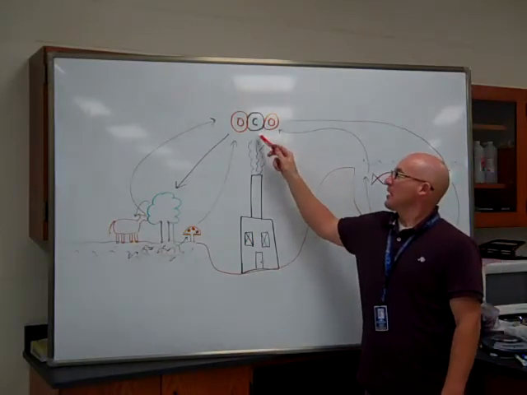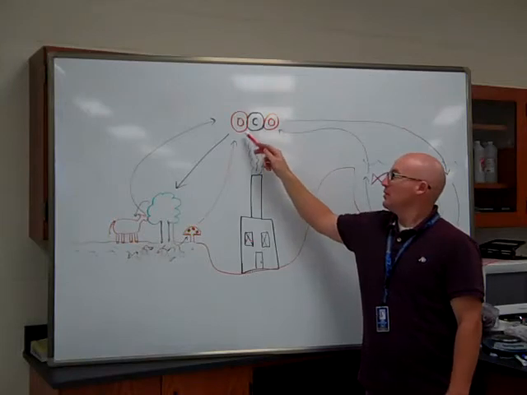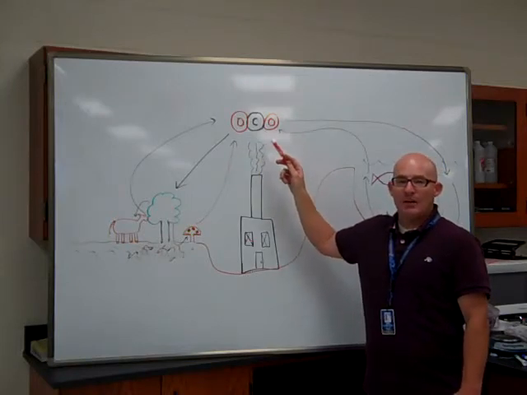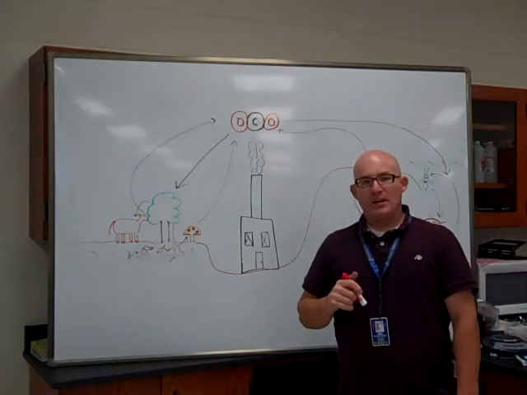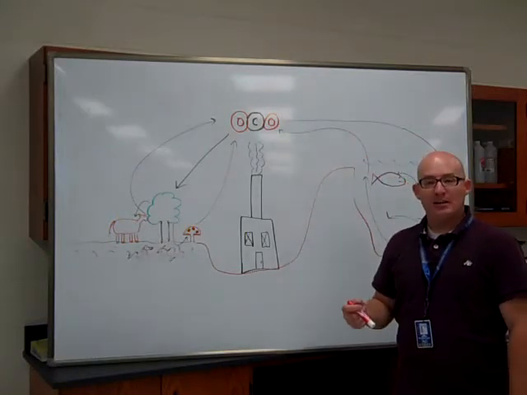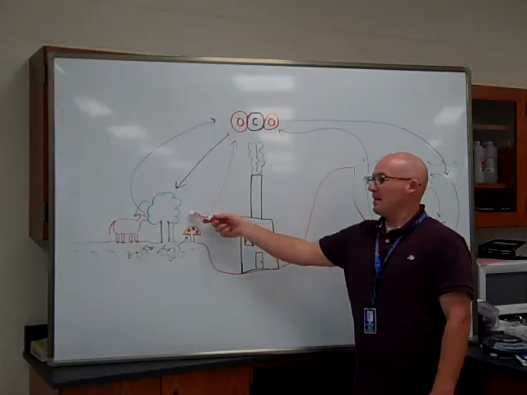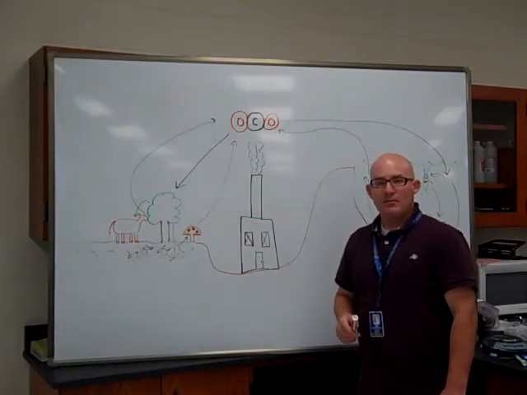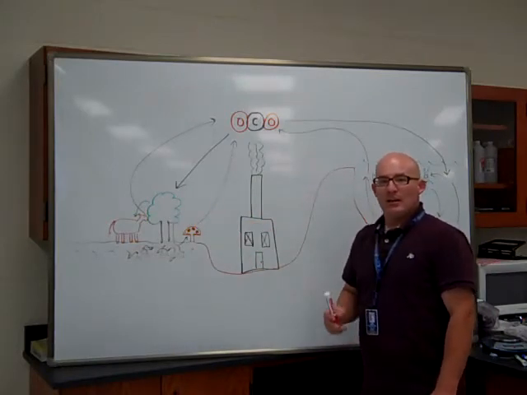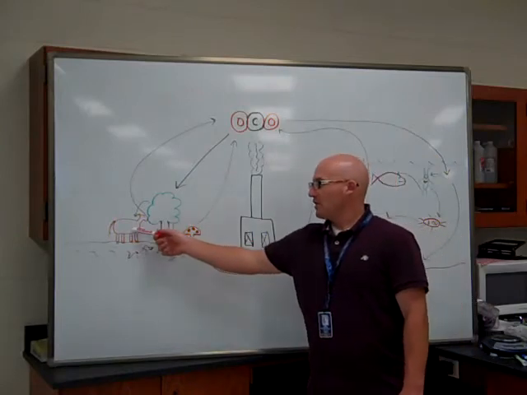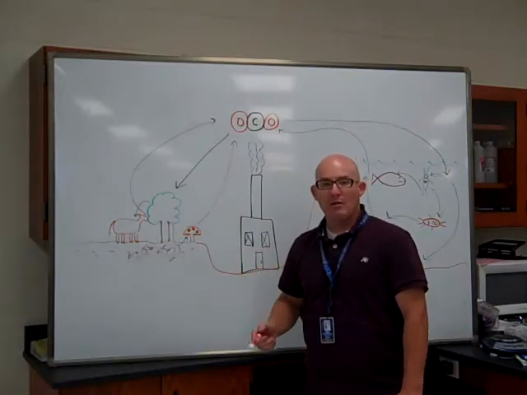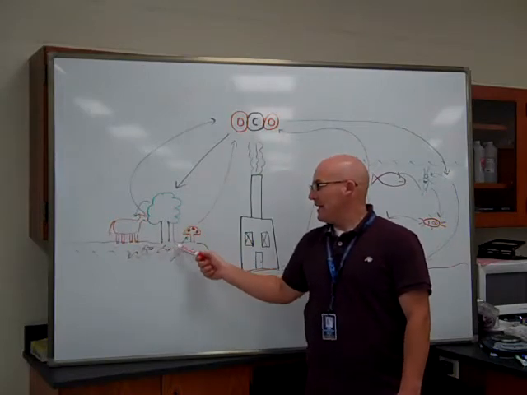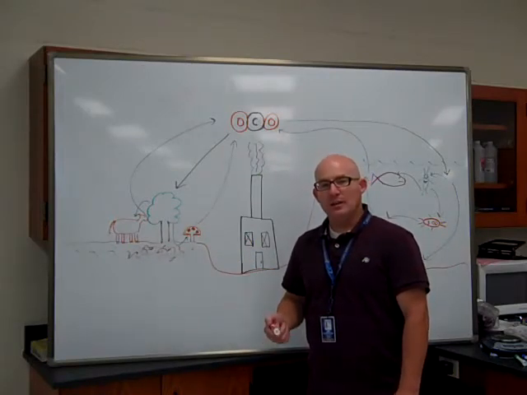CO2 is basically a carbon atom bonded to two oxygen atoms, and it floats around in the atmosphere. The atmosphere is only 0.04% carbon dioxide, but that is enough to keep plants supplied with the carbon dioxide they need, and that keeps the horse happy because it has enough plant to eat, and keeps the decomposer happy because it has enough dead leaves and dead plant material to eat.